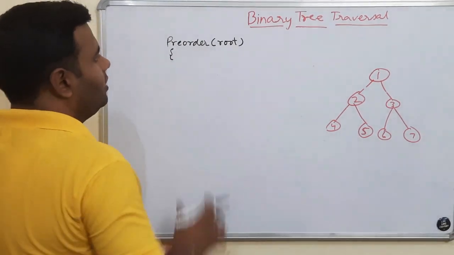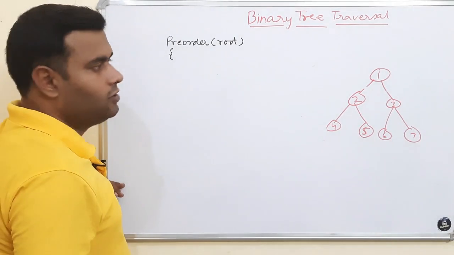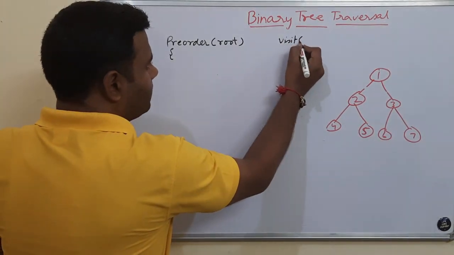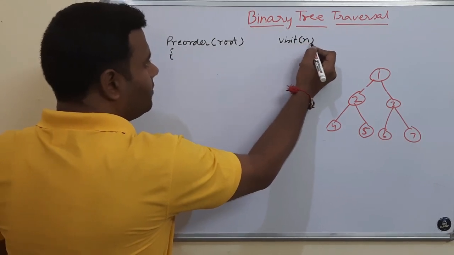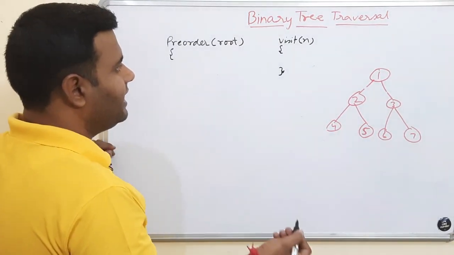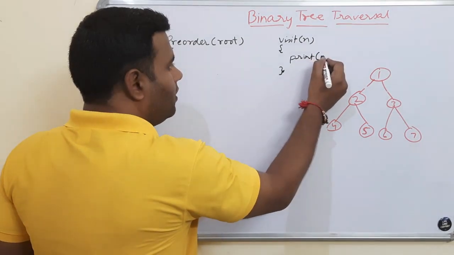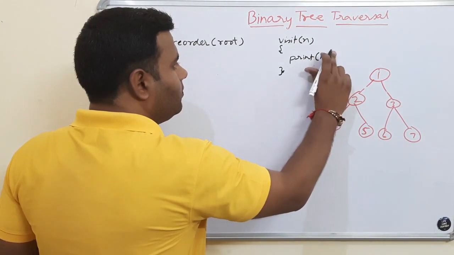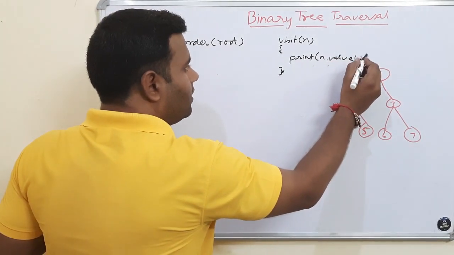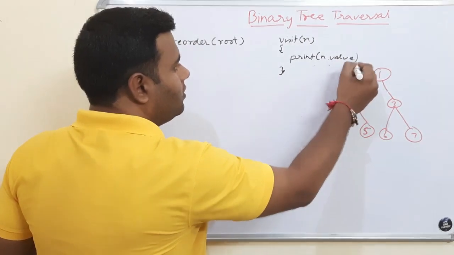Now in preorder traversal, first we have to visit the root. So let's say there is a function called visit, which will take a node, and it will do something with this node, whether it can print the node value, or it's just an argument.